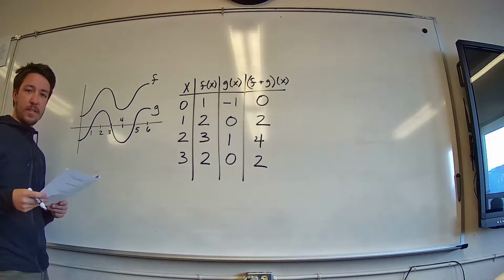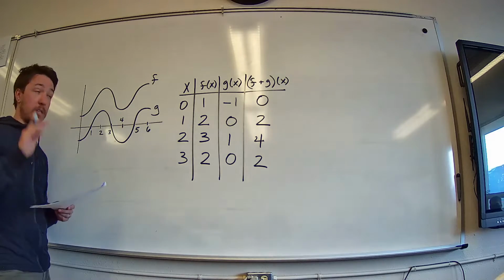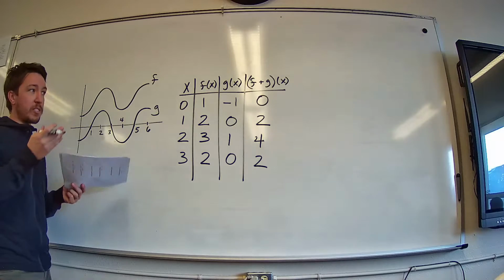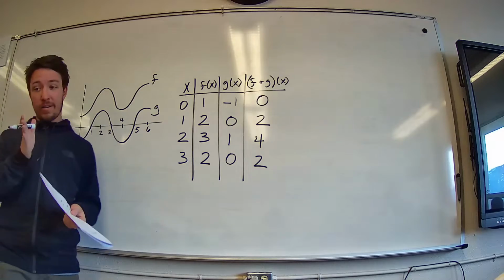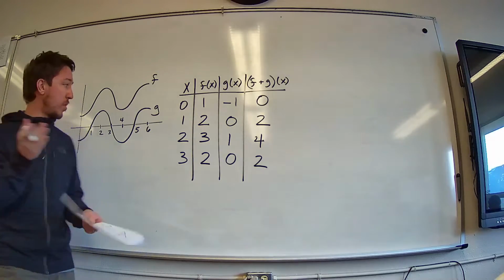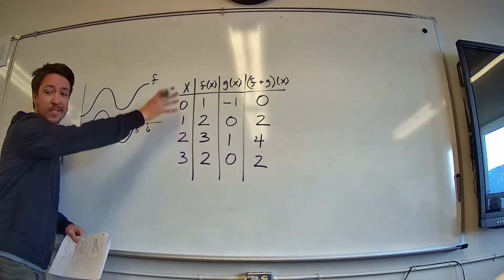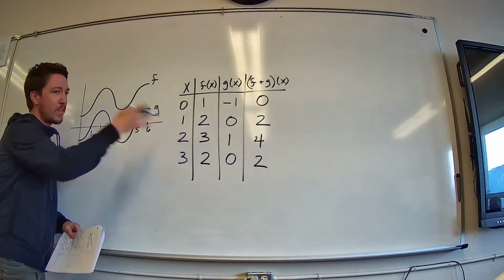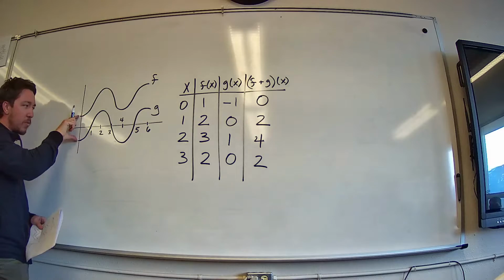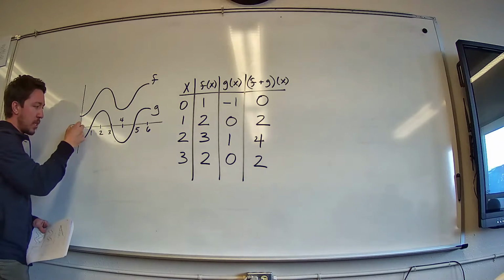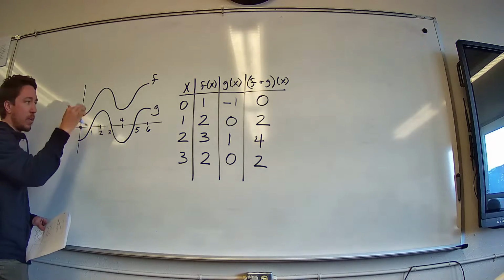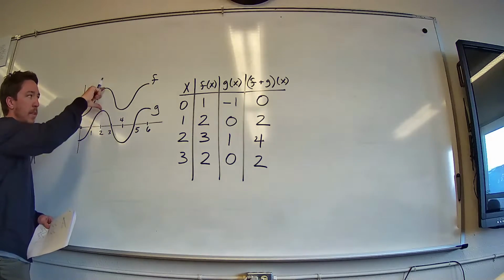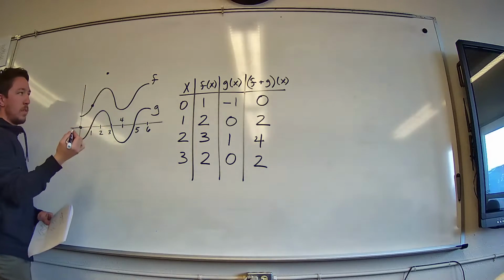Have we discovered what's going on yet? Really, all we're doing is taking the two graphs and adding up their y values. So at any given x value, you just add up the y values. That's all you have to do. Is this how we're going to do it in practice? No. Just think visually. If I add up these two y values, what do I get? 0. If I add up those two y values, what do I get? He contributed nothing. If I add up 1 and 3, I get 4.